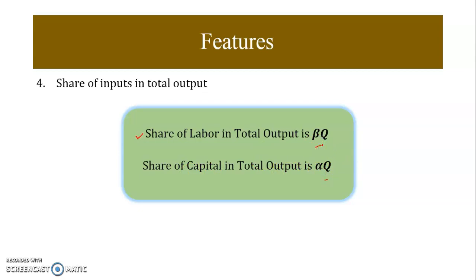You just have to calculate the marginal products of both the inputs, that is the marginal product of labor and the marginal product of capital, and then you can multiply them with their respective quantities of labor and capital, and then you can see how they are contributing. But no proof is going to come, so you just have to remember the share of inputs in the total output. In the case of labor it is beta Q, and in the case of capital it is alpha Q.